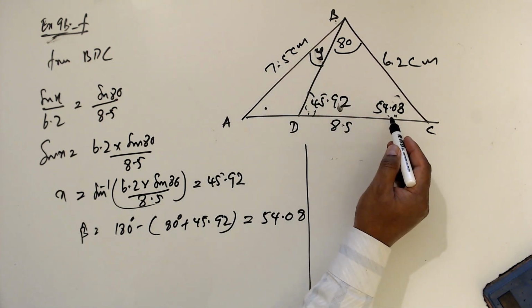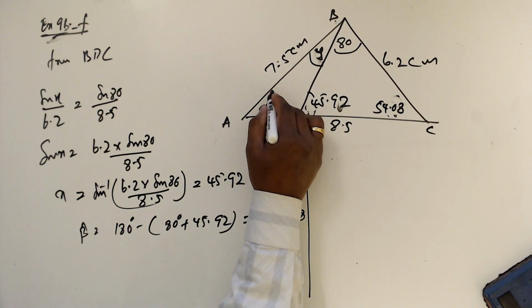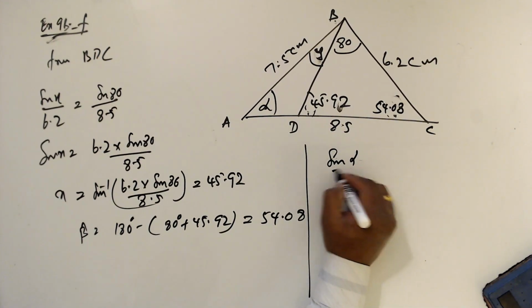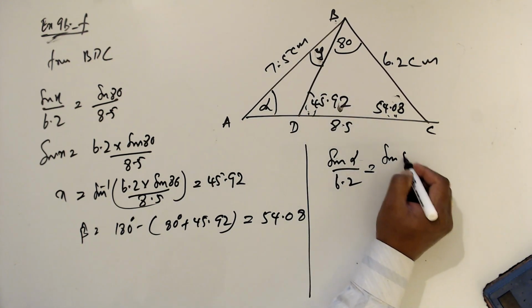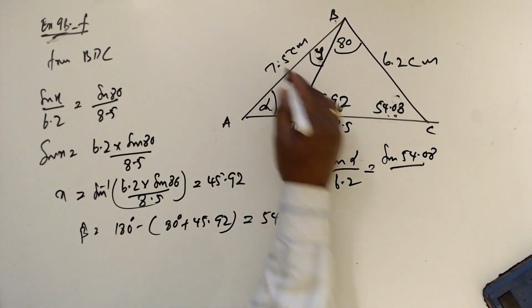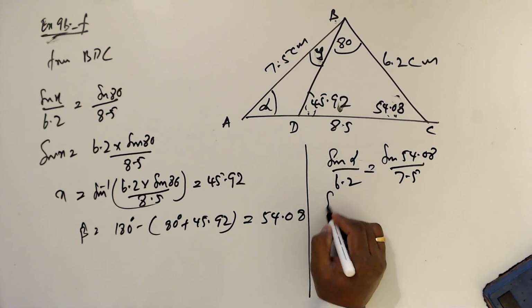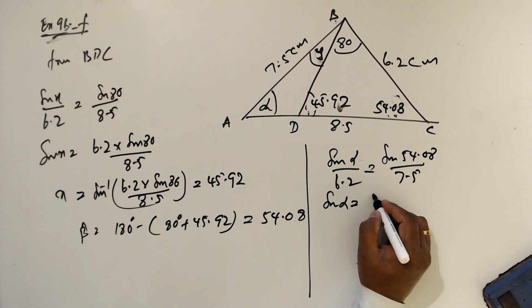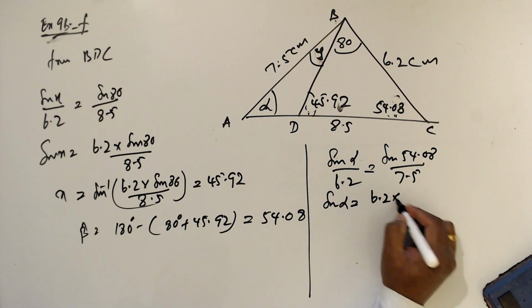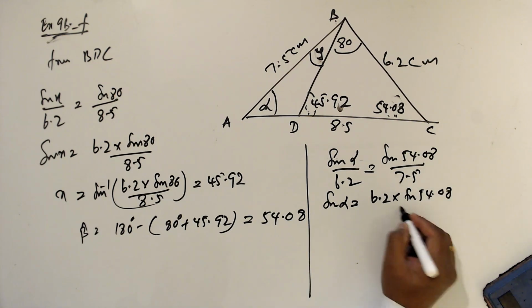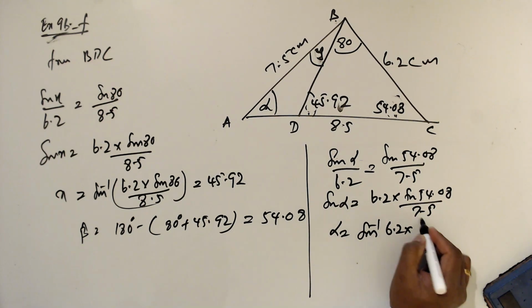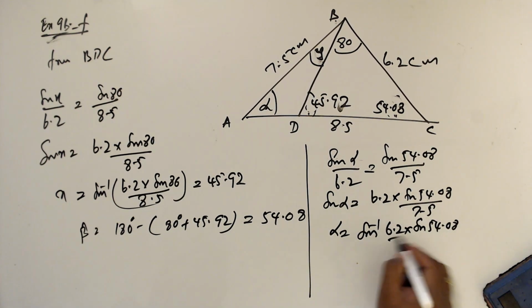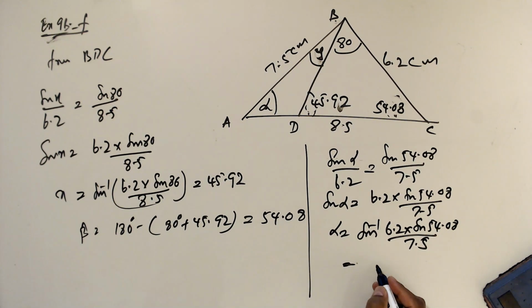Now I want to find this angle alpha. So sine alpha over 6.8 equals sine 54.08 over 7.5. So sine alpha equals 6.8 times sine 54.08 over 7.5. Alpha equals sine inverse of that, which is 42.03.